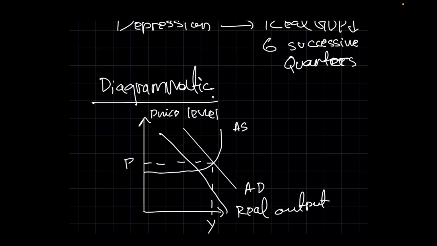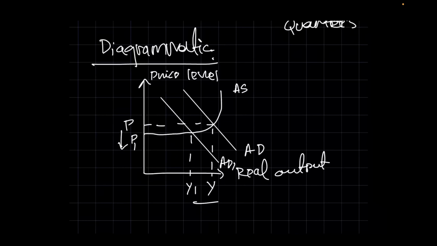Then when there's a fall in aggregate demand, we look at the new output and price level. Quantity has fallen, the output has fallen, and at the same time even the prices have fallen. What this indicates is that the confidence in the economy has fallen.